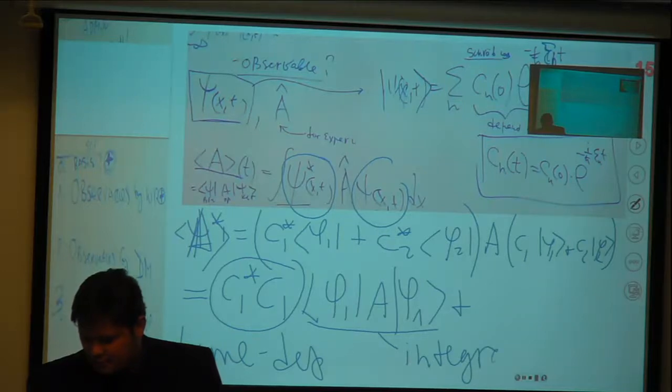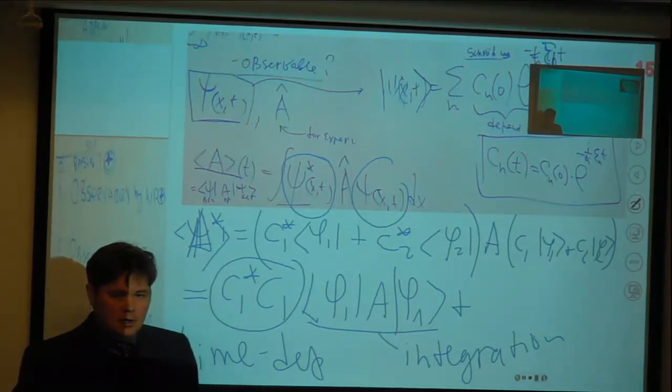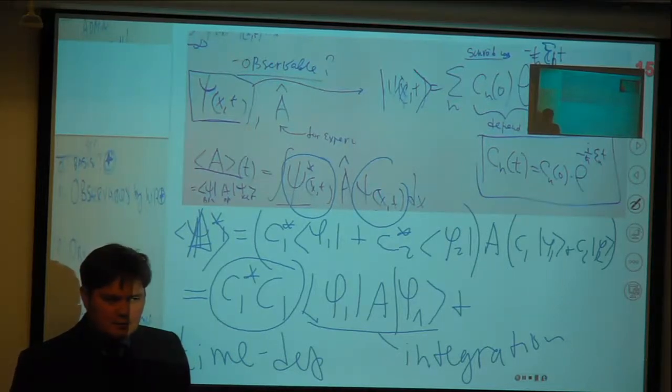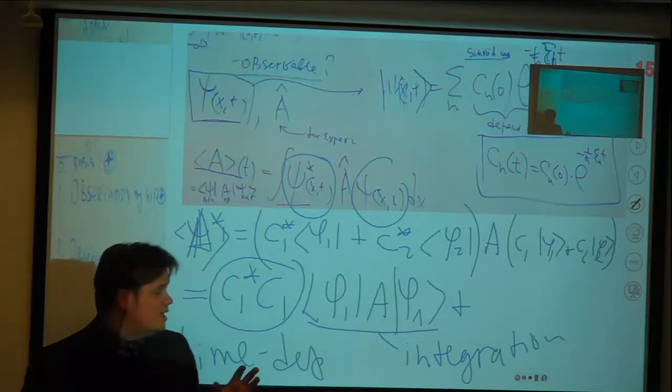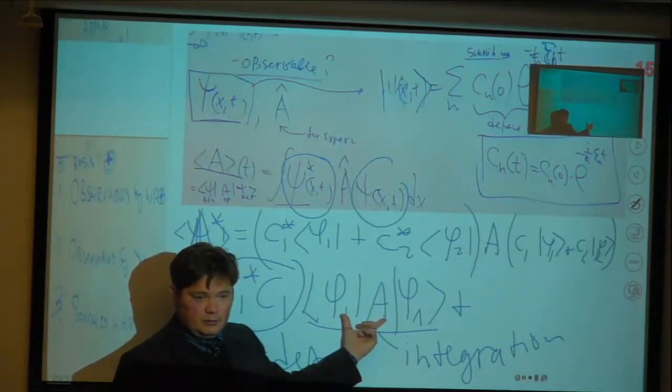Integration. Which means that no matter how far we went in time, no matter what is happening in the time domain, the integral in this term will always be the same.